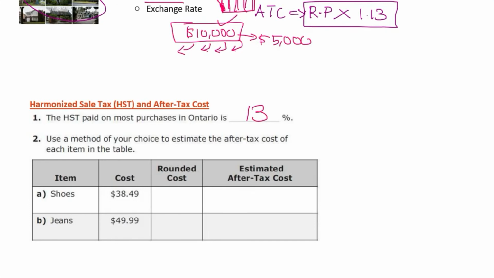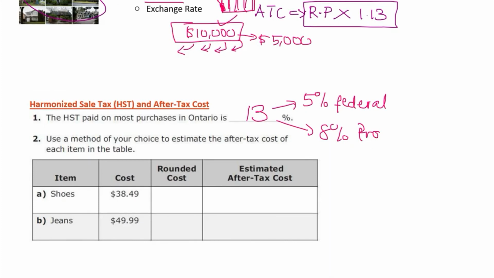Let's break this down. 13%, just for extra knowledge, comes from 5% federal, so the federal government collects 5%, and the 8% comes from the province of Ontario. All this money goes into improving the state of the country and the economy.